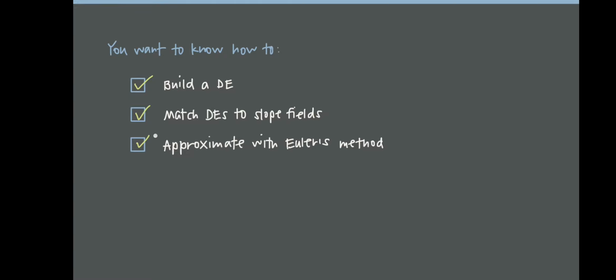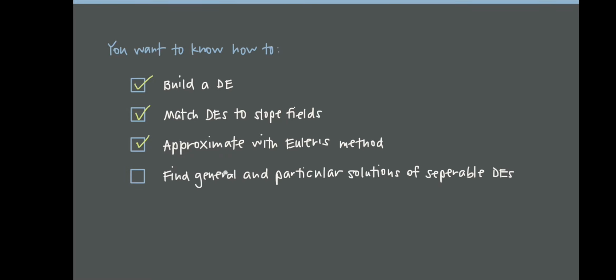You want to be able to approximate the solution to a differential equation using Euler's method. And then you want to be able to find general and particular solutions to separable differential equations. So you want to solve the separable differential equation by separating variables, integrating both sides, and solving for y to give you a general solution, and then be able to plug in an initial condition or some other condition in order to solve for the particular solution.